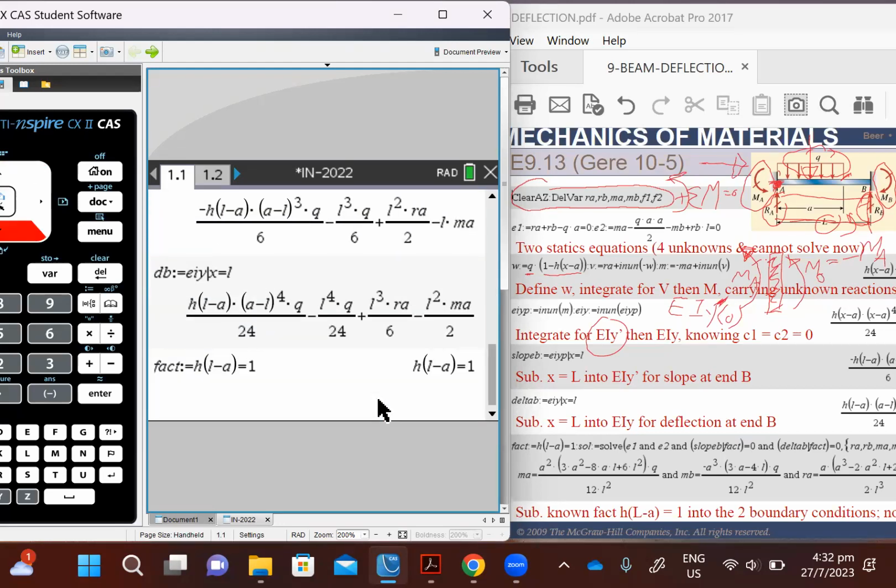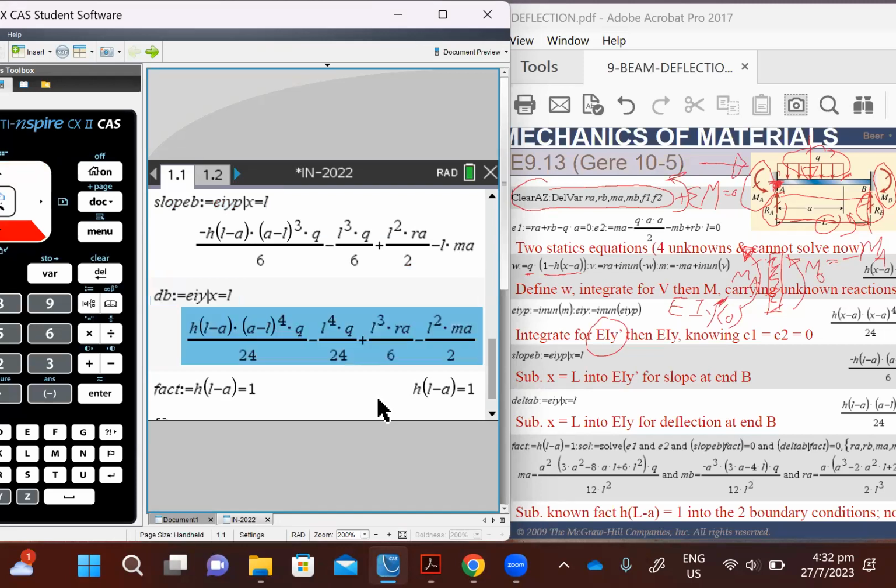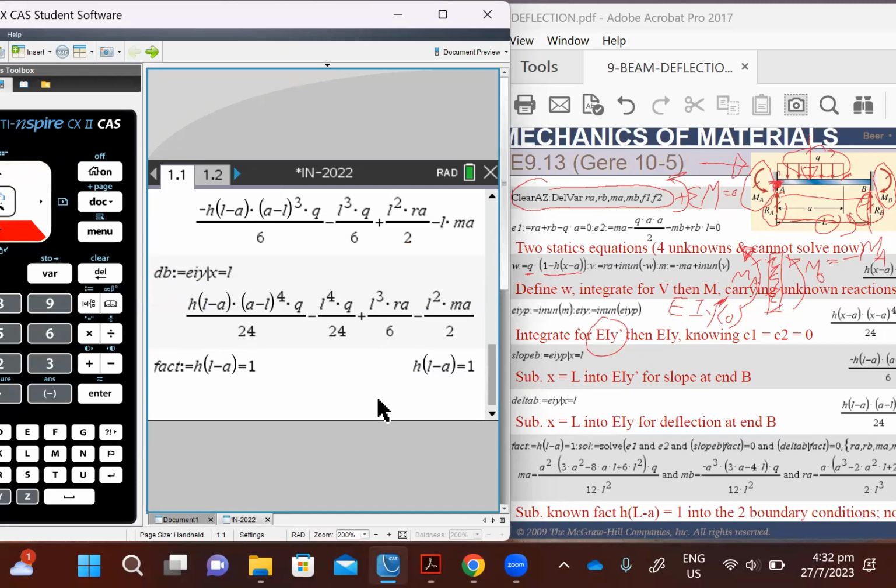Now you know you have to use the remaining boundary conditions. Those will be things I have not used, which is the slope and also the deflection at B are both vanishing.